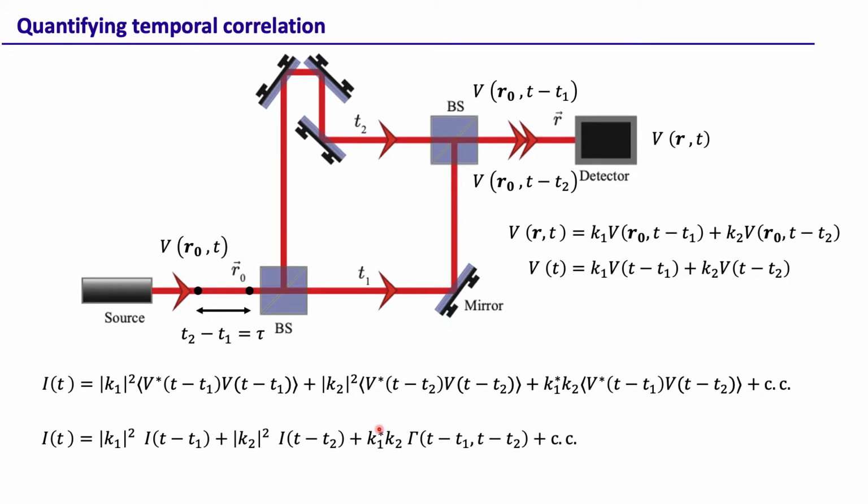The point to note here is that we can always measure the intensity that is coming out of the source, but if we ask what is the correlation between the field points in that source, that we cannot directly measure. So for that, we make an interferometer and measure the intensity here, and we find that the intensity measurement at this point t actually contains this cross correlation function. Today we will see how to extract this cross correlation function through this intensity measurement, and to what extent and in what situations we can extract that information. So that is what we are going to do today.